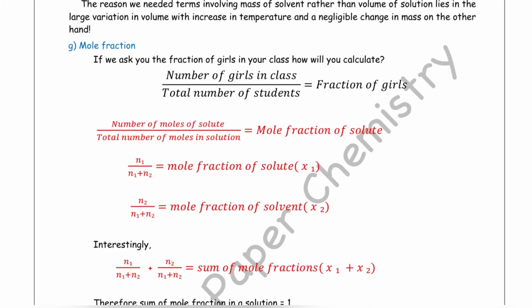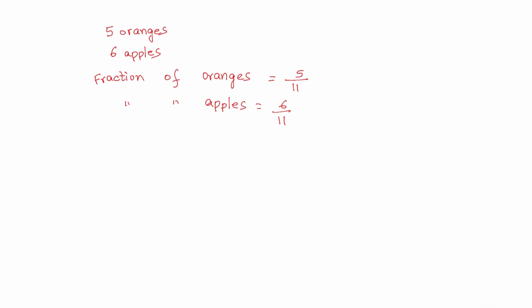So if I say what is the mole fraction of solute in a solution, that would be simply the number of moles of solute divided by the total number of moles in solution. What's the big deal about it? That's what you did over here. So what is the fraction of oranges? Number of oranges divided by the total number of fruits you had.